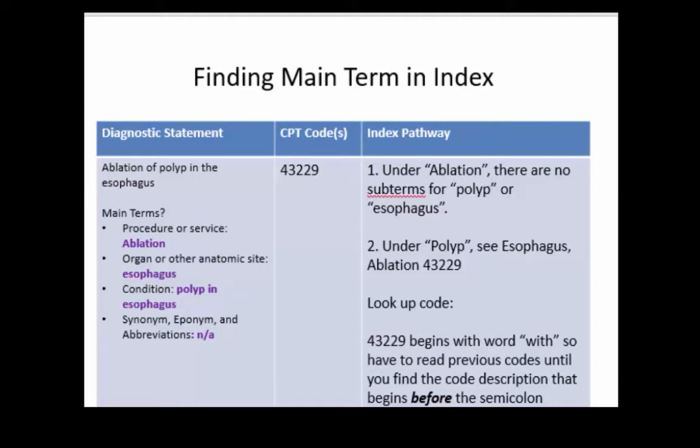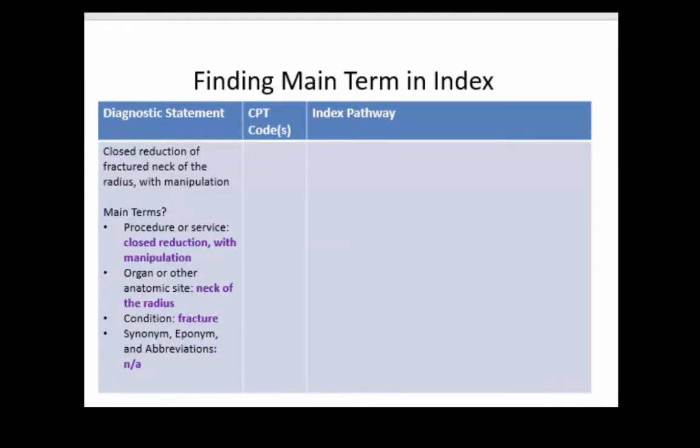Remember in one of our lectures we talked about how information up to the semicolon, and all the codes under the code you're looking at, uses that same core description up to the semicolon, and then after the semicolon you see the differentiation between those codes. So you would have to get to 43229 and read previous codes until you got to the main descriptor, and there's many before this one. Okay, let's do another one.